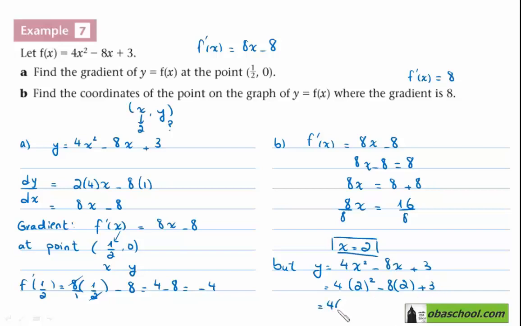This is equal to 4 multiplied by 4 minus 16 plus 3, which is 16 minus 16 plus 3. This is equal to 3. Therefore, the coordinates x, y for the point where the gradient is 8 are 2, 3. Using all of these steps, we were able to find the point on the graph.